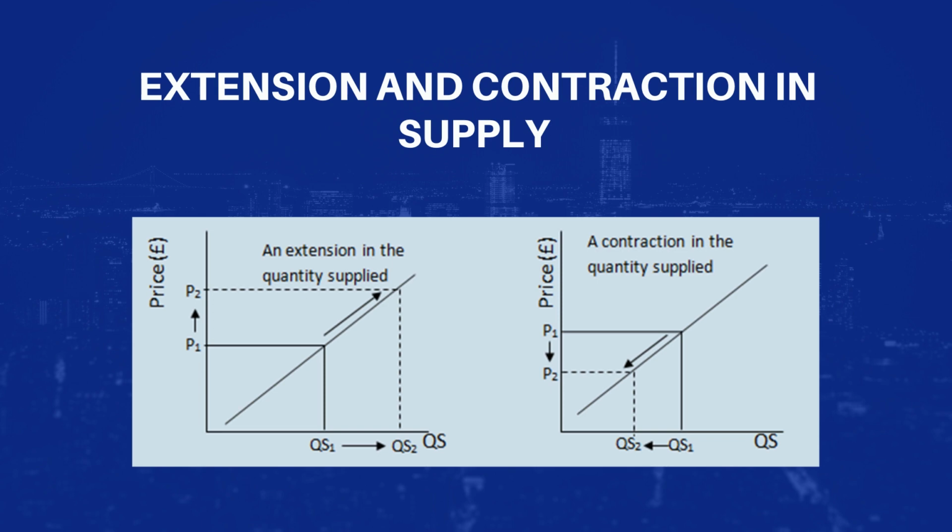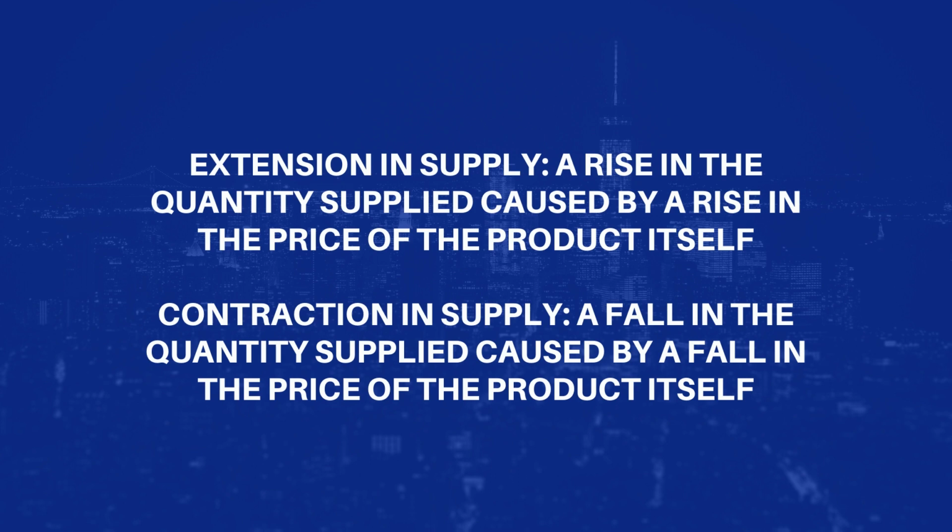In supply, it is exactly the opposite, because price is directly proportional here. This time, a rising price will cause an extension in supply. Let's look at the definition of extension in supply: a rise in the quantity supplied caused by a rise in the price of the product itself.